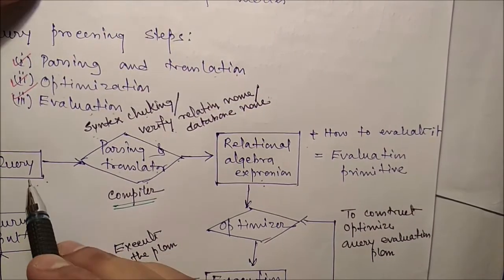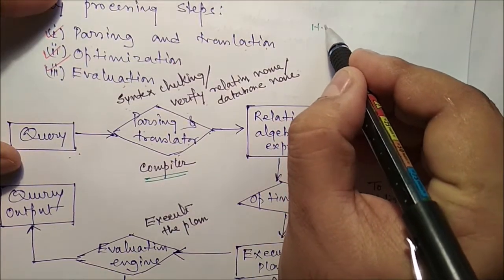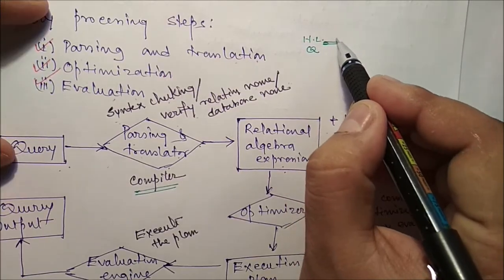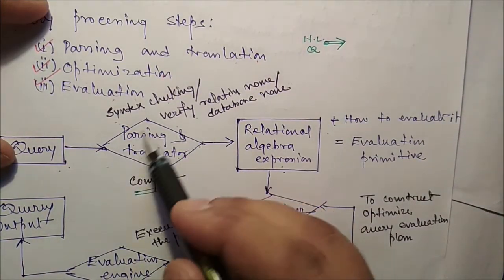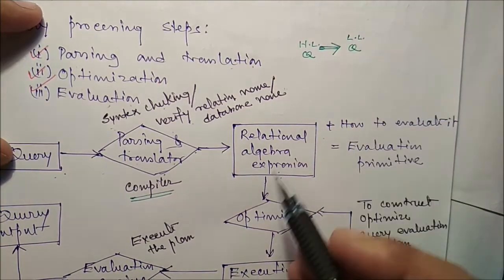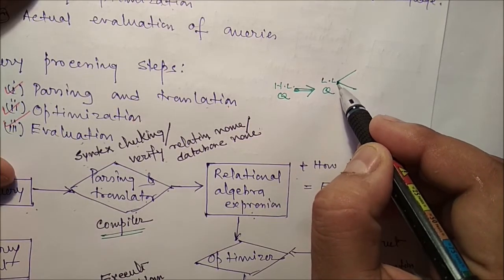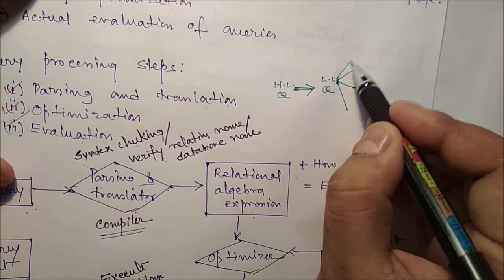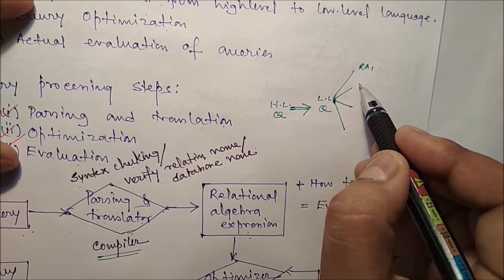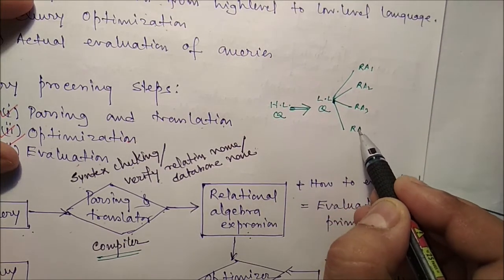Say a high level query is there. First of all, check that particular syntax and semantics, and verify the relations. Now convert this into a low level query language. Many low level forms may be possible, so identify different relational algebra expressions, say relational algebra 1, 2, 3, 4 for the same query.